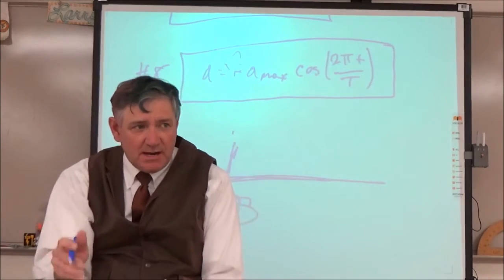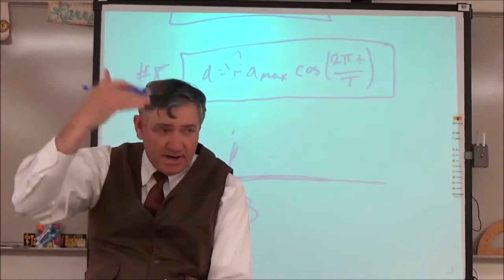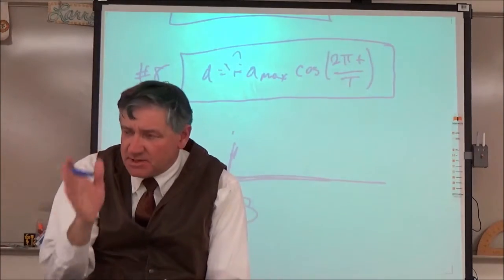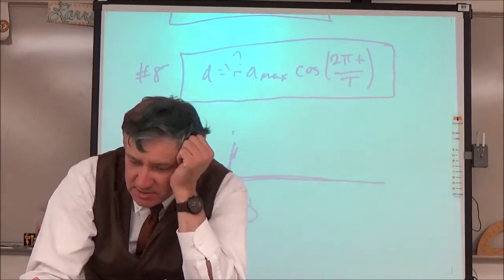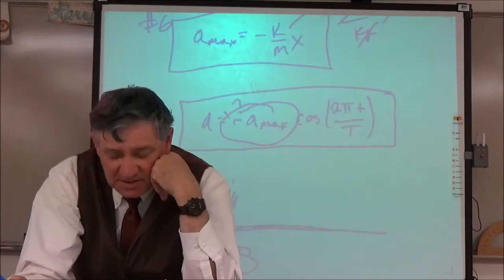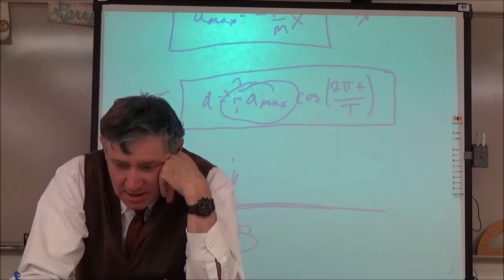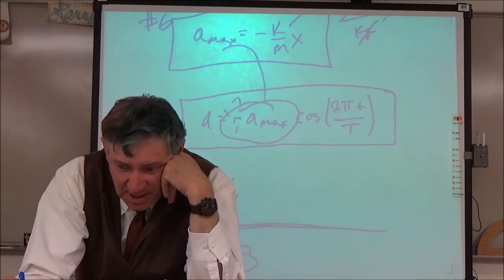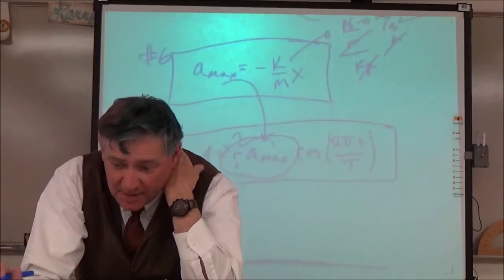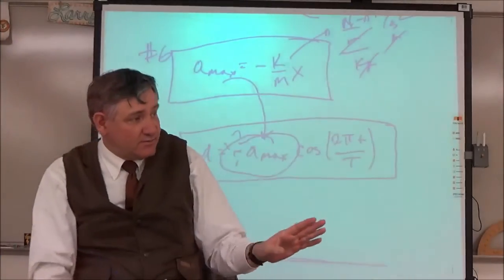So you know at time 0 you're going to have your biggest possible negative acceleration based upon how we define this system. No matter what, at time 0 you're going to have some negative acceleration. So you're going to have your A max, and this is where this works out. So this is a negative of that A max, which is what you're going to get out of here, right? So that's going to be this negative value. And then you're going to have the sine of 2 pi t over T. And again, I don't care how you handle this.